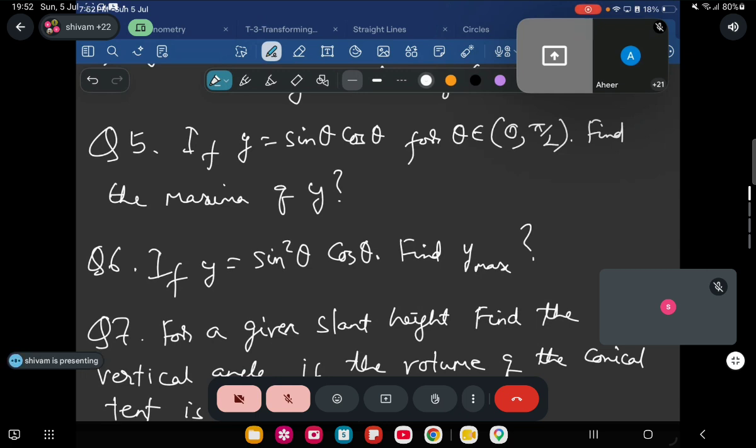Ahir, 5 is correct. Anvesha, 5 is correct. Rishabh, 5 is correct. Who else has sent? Let's see. Shinika, 5 is correct. Shubhangi, 5 is correct. Sohan, 5 is correct. Ronak, 5 is correct. Agniva, 5 is correct.